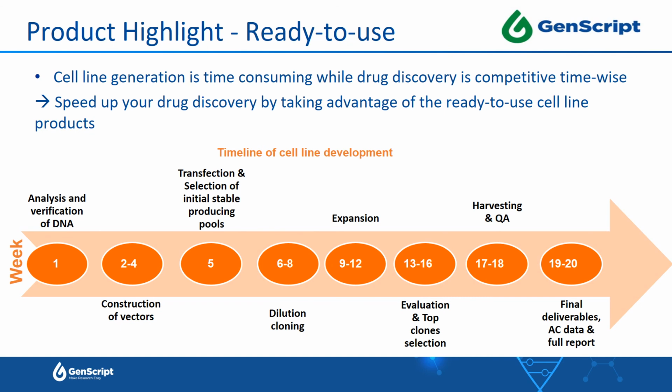Only starting in the third month, which is week 9 to week 12, you can do expansion. After that, you still need to do evaluation and choose the top clones. To get the result, you still need to do some QA and also harvest your cells, which takes another couple of weeks. And after that, you can get to the final deliverables.